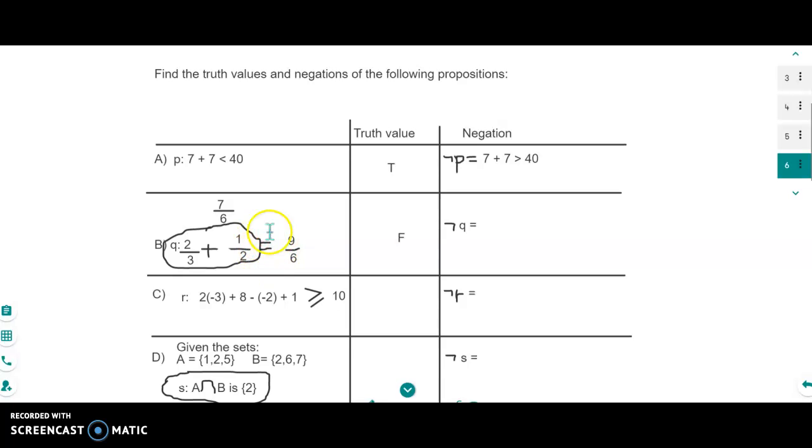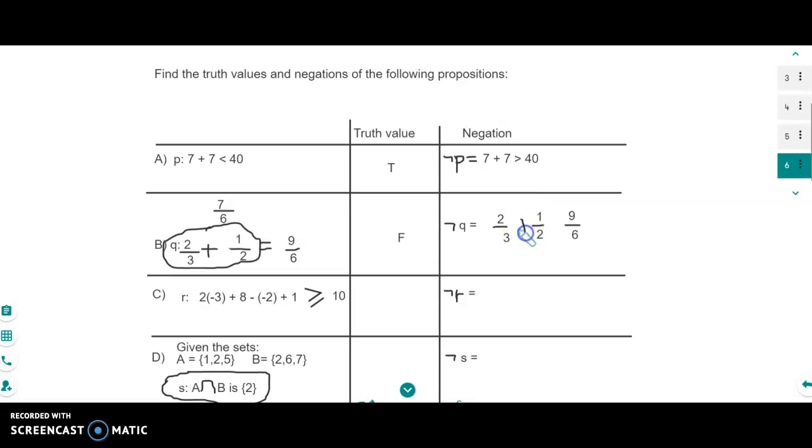The opposite, the negation for equals, is different. So we can write the same fraction, so it will be 2 over 3, plus 1 over 2, and here we have 9 over 6. We write the same fractions because they don't change.